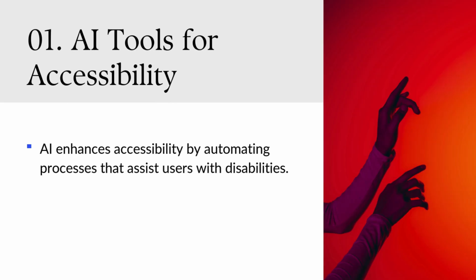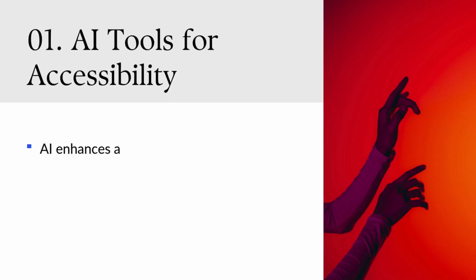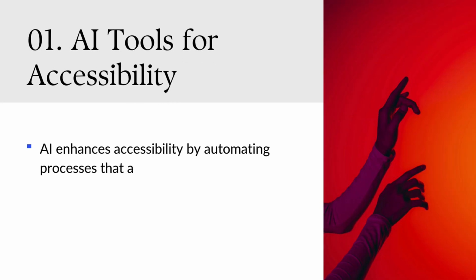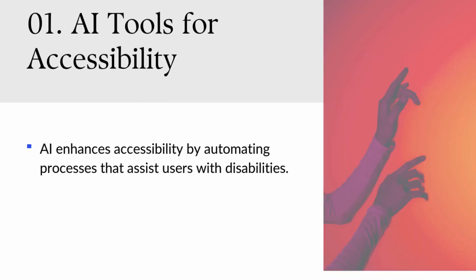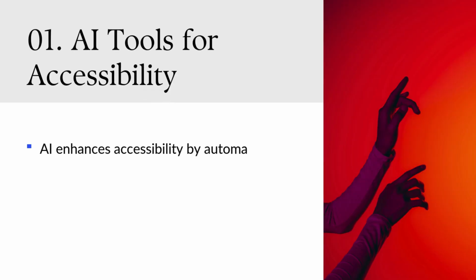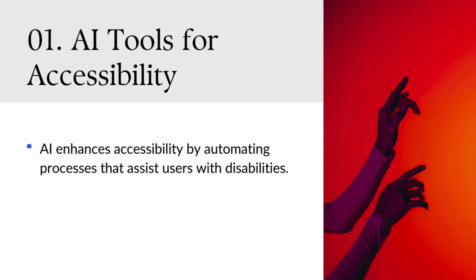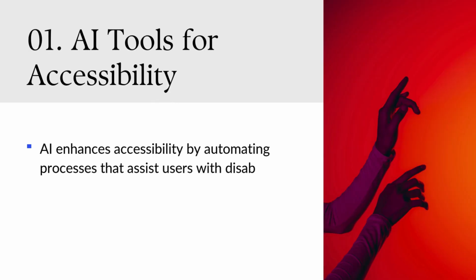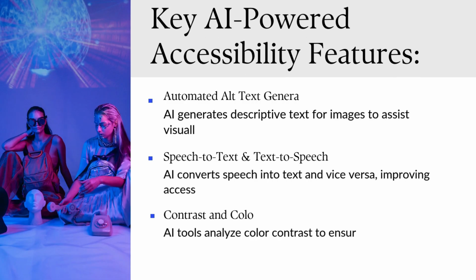accessibility. Now, at this stage, it is important to understand that AI enhances accessibility by automating processes that assist users with disability. So guys, what are the key AI-powered accessibility features?